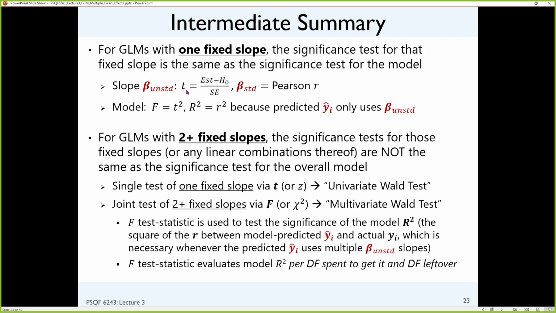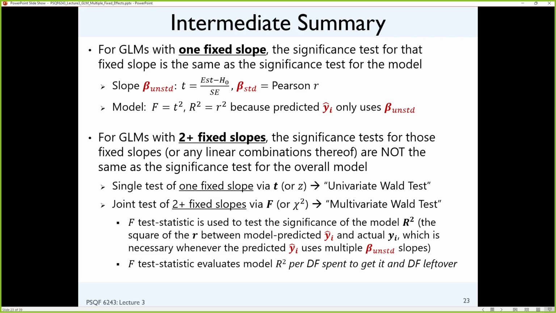So t is a test statistic, otherwise known as the t-value, because that is a lot easier to say, especially with the mask on. And if I compute an effect size for that slope as a Pearson correlation, the standardized slope works out to be the exact same as Pearson's R. And if I square that correlation for that single slope, that's R squared for the model. So there is a 1-to-1 correspondence between model and slope if you only have one slope.